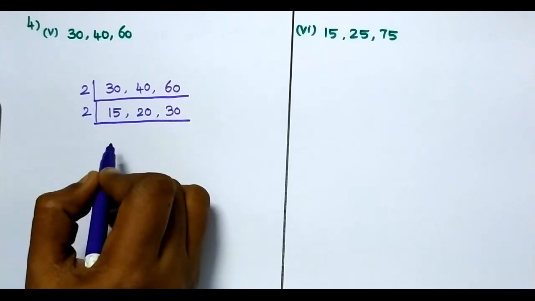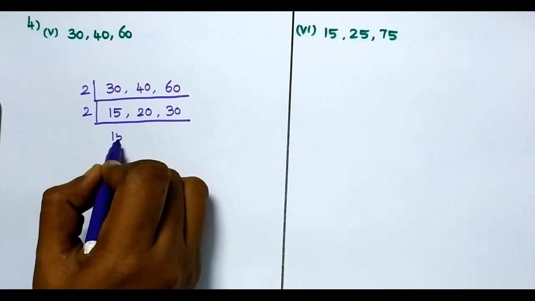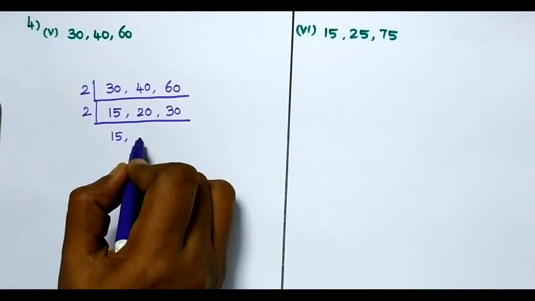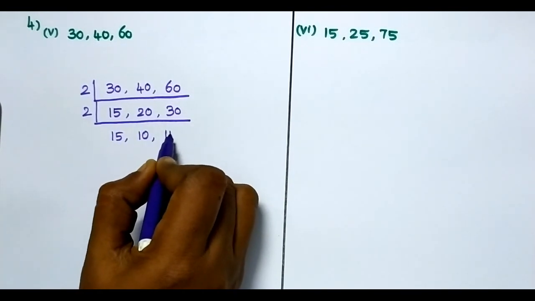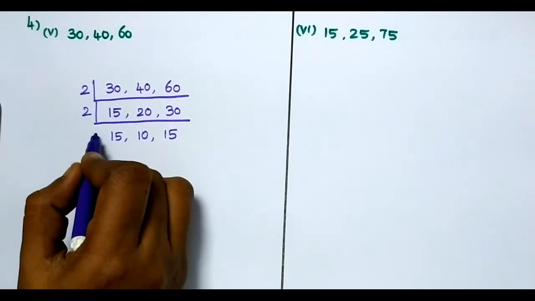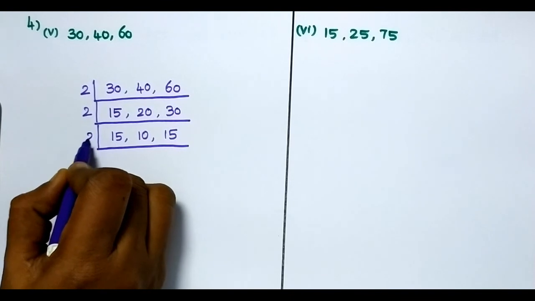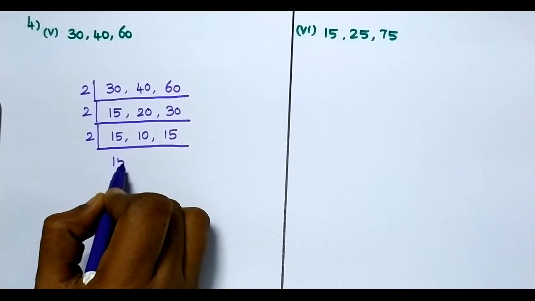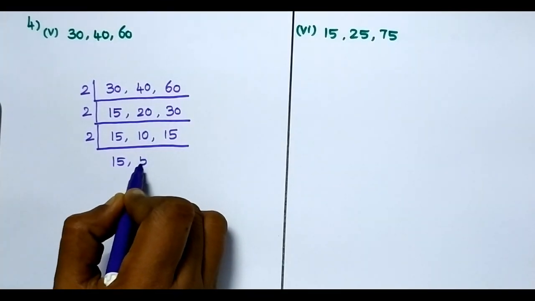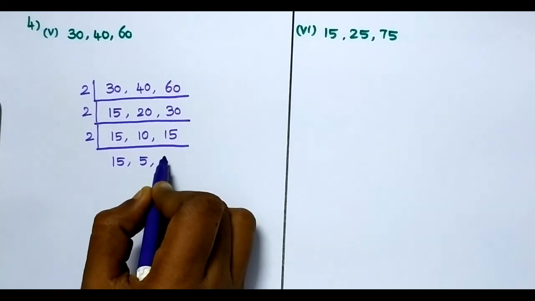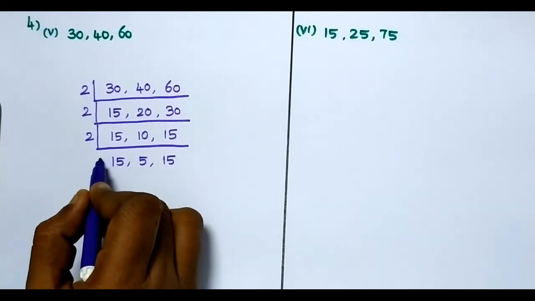Again divided by 2. 15 is not possible. Write down as it is. 10 2s are 20. 15 2s are 30. Again divided by 2. 15 not possible. 5 2s are 10. 15 write down as it is.